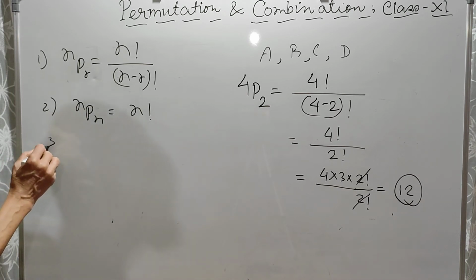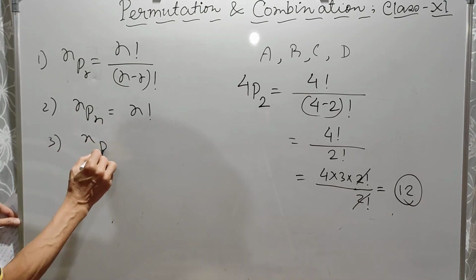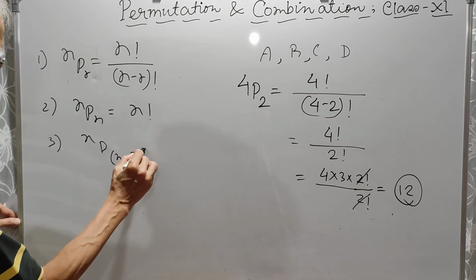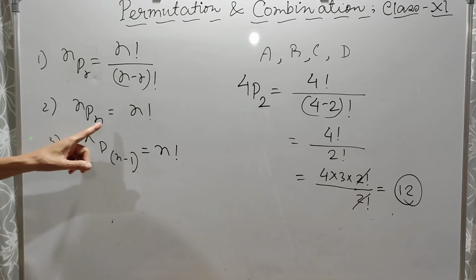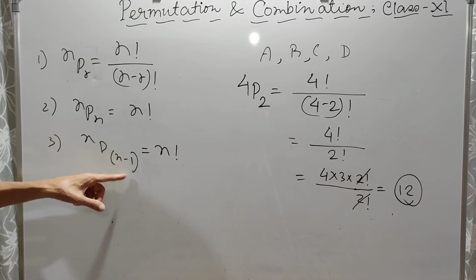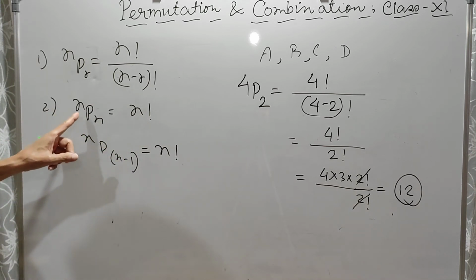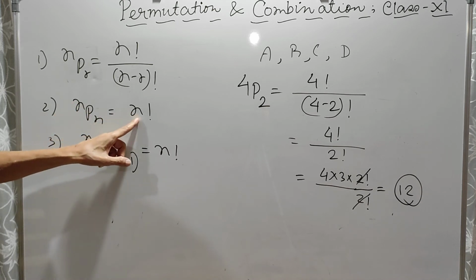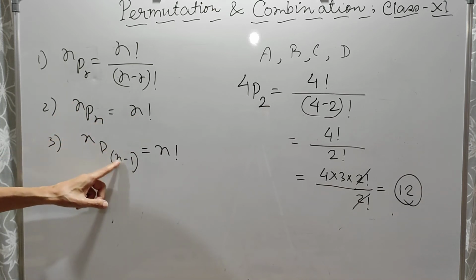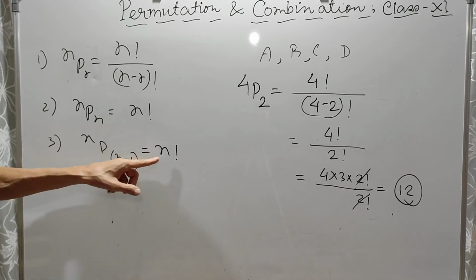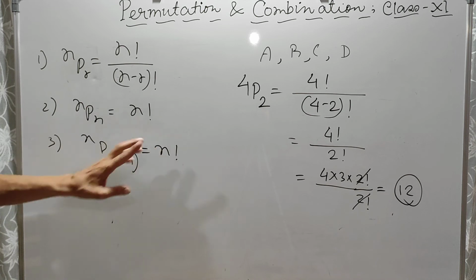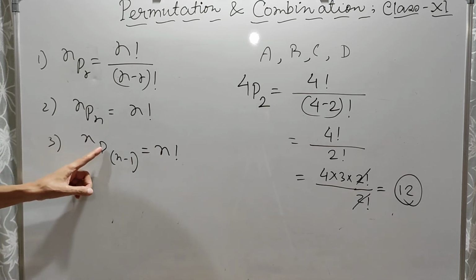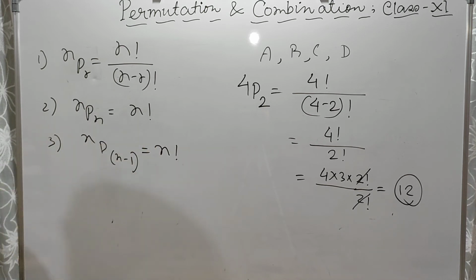Then nP(n-1) is also n factorial, just one less. Suppose 6P6 is 6 factorial, then 6P5, one less, also will be 6 factorial. 9P8 will be 9 factorial. 10P9 will be 10 factorial, just one less.